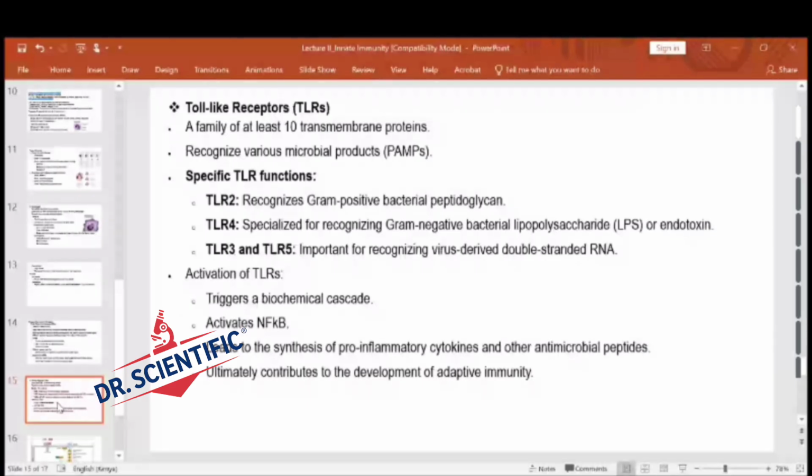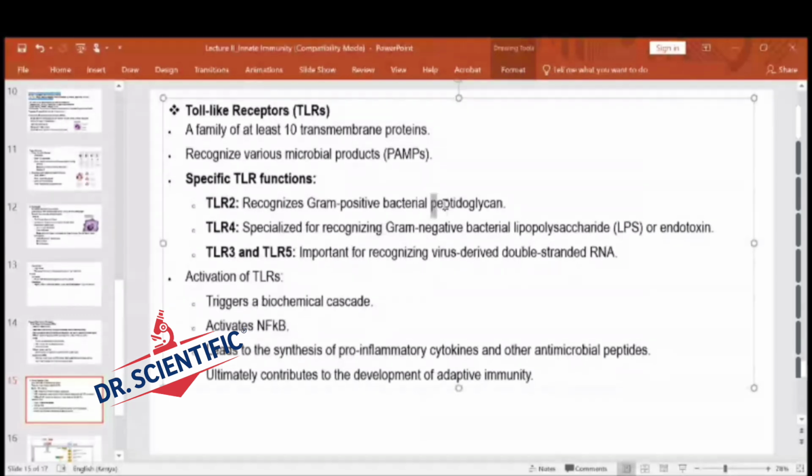Of course, they recognize PAMPs. Toll-like receptors are very specific again. We said innate immunity is non-specific, but here we are saying they are very specific. Toll-like receptor 2, for instance, recognizes gram-positive bacterial peptidoglycan. Then toll-like receptor 4 is for gram-negative bacteria.